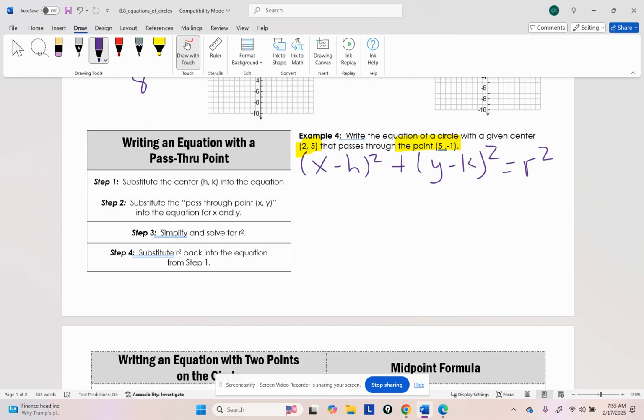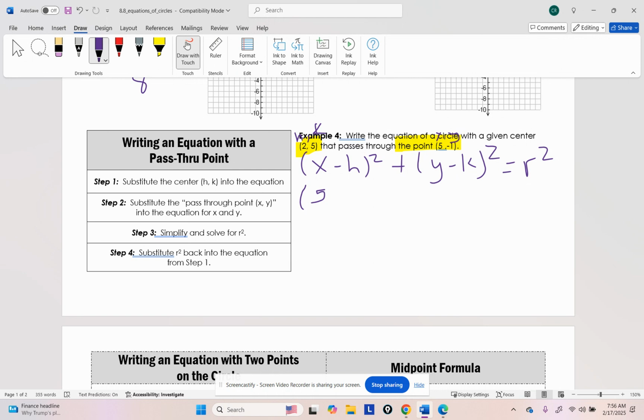So we have an x at 5 because it says the point is 5. So with that point being 5, that is your x and that is your y. Okay, so my x is at 5. And then my h was 2, because right here we have our center at h, k. Okay, so my h is at 2.